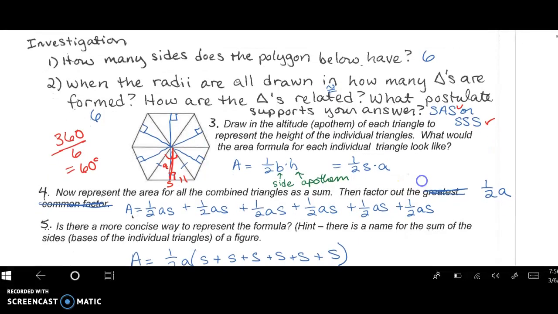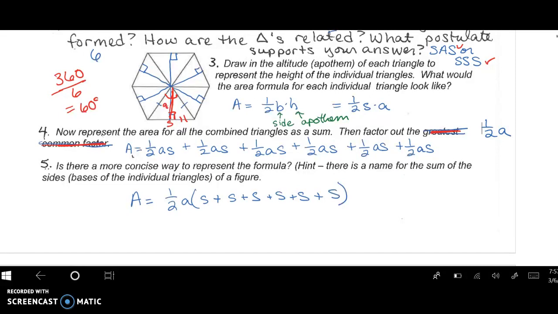Okay, so if I add up all 6 of those, 1/2 apothem times side length for all 6 triangles, then really I misspoke or miswrote your instructions. I didn't really want you to factor out the greatest common factor because they're all the exact same. Instead, we can factor out the 1/2 times the apothem, and then this is what you have in part 5: 1/2 times the apothem times side plus side plus side plus side plus side plus side.